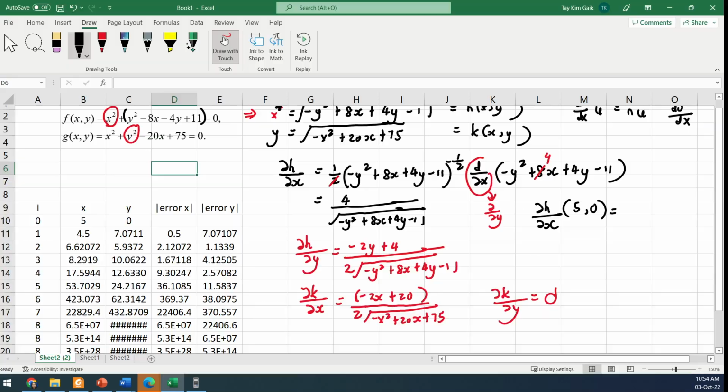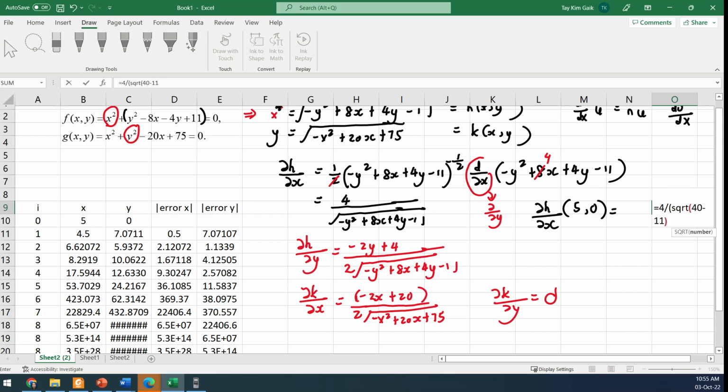Since we are in Excel, you can calculate this value using Microsoft Excel. Equal 4 divided by sqrt, with y equal to 0, so 8 times 5 is 40, minus 11.